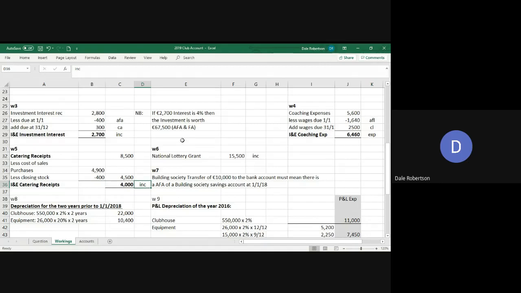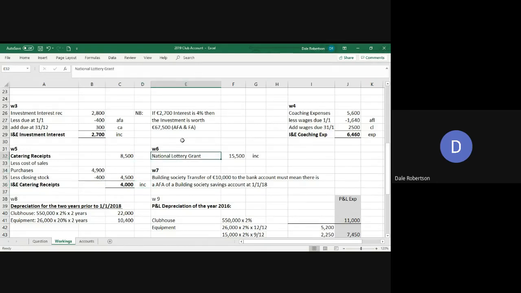Now, if we look at the rest of the notes at the end of the question, we have done note number 1 completely. We've done note number 2 with the bar debtors and creditors. We've done note number 3, note number 4, note number 5. Note number 6 talks about the National Lottery grant. It says the grant from the National Lottery was received on a once-off basis to support the day-to-day activities.